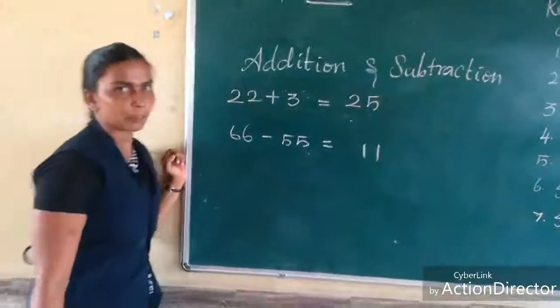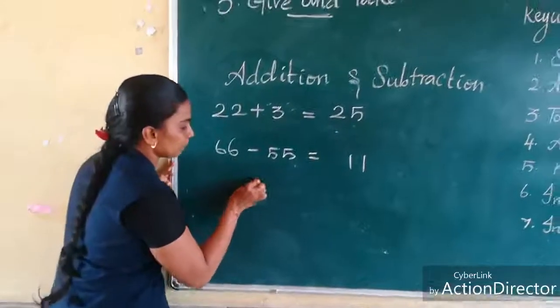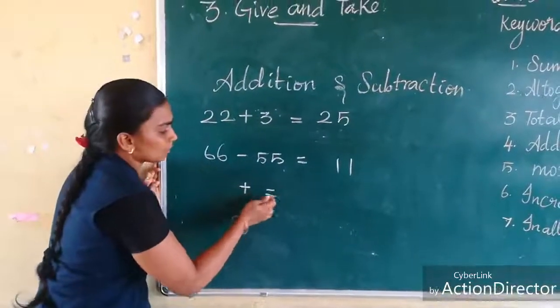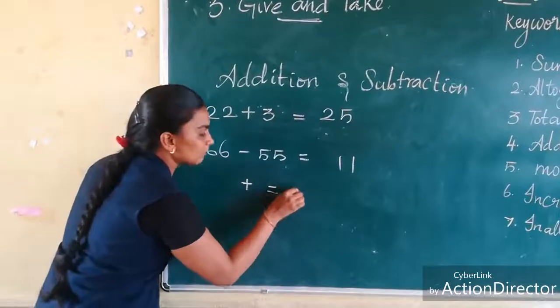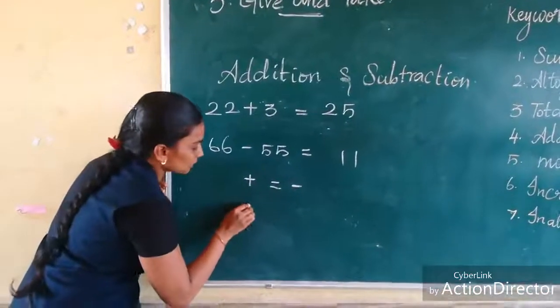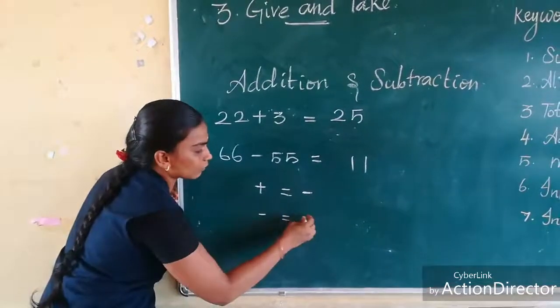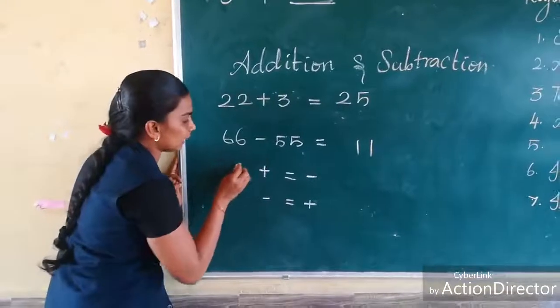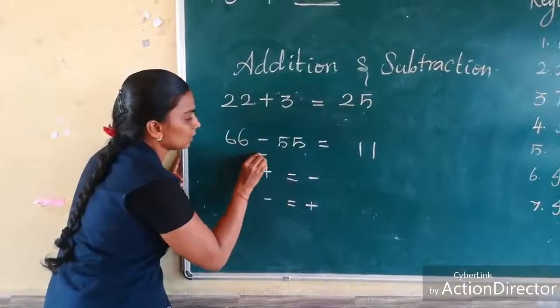And one more topic is here. If it is a plus sign, after the equal sign it will change into a minus sign. Next, the minus sign after equal to will change into a plus sign. If we consider any number, consider plus 5.